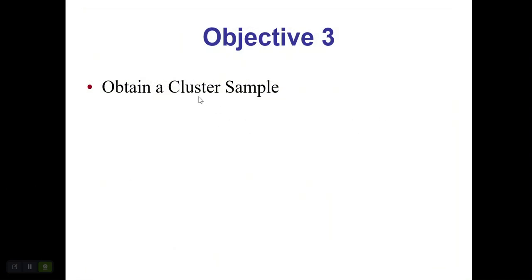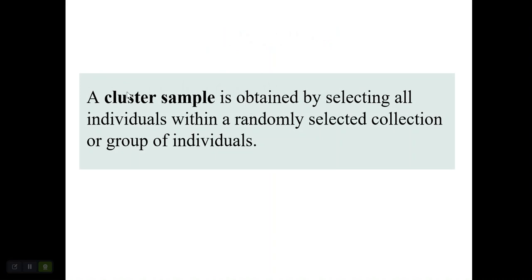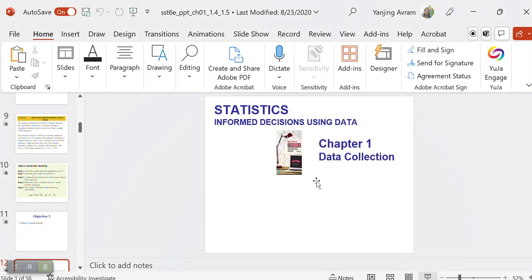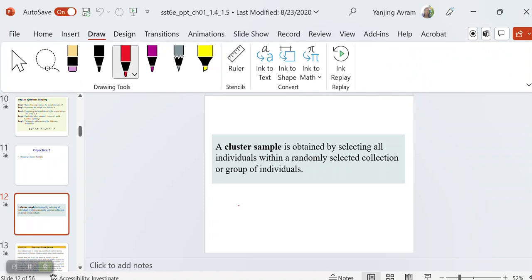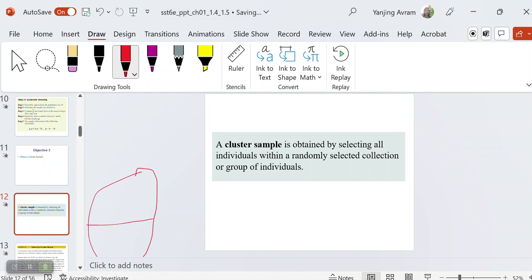Another one is also very important. It's called a cluster sample. Sometimes people confuse cluster with stratify, okay? So what is a cluster? This is attained by selecting all individuals within a randomly selected collection or group of individuals. All right, let me give you an example for the cluster. Cluster is kind of like I have this big pie, right?